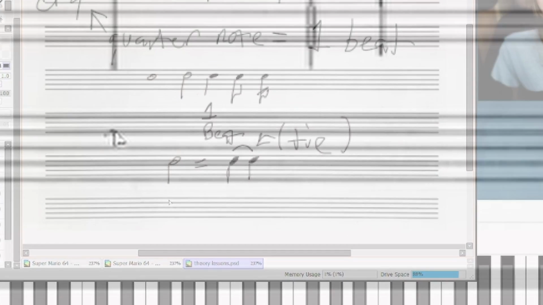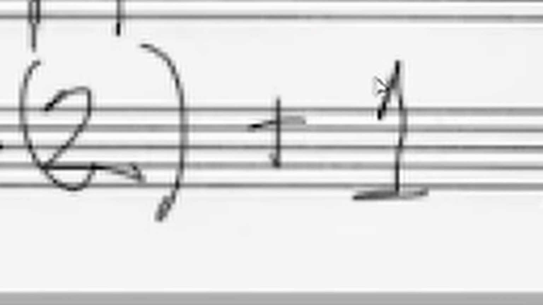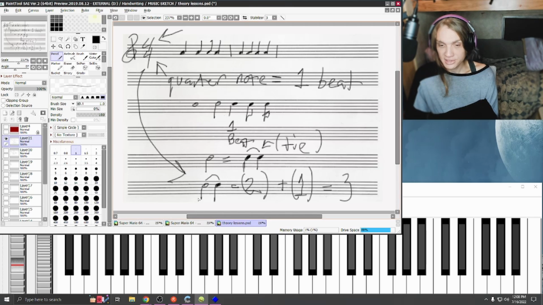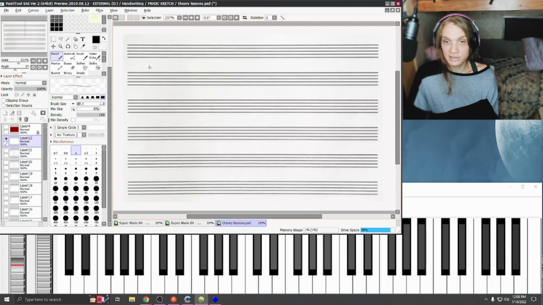And you can use any kind of denominations. So a half note tied to a quarter note is equal to 2 plus 1, which is equal to 3 beats in 4/4. Because remember, this set of notes only has meaning because our time signature gives it meaning. And so also you could use another symbol here, and we're going to get into this another time.